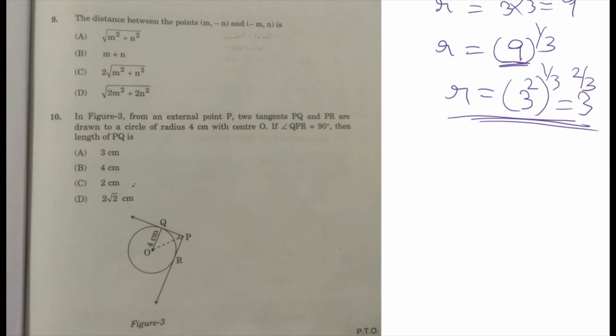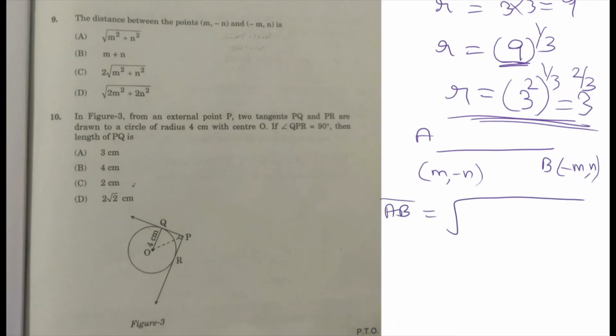The distance between the points m comma minus n and minus m comma n. Given points are A, let's say m comma minus n, and B is minus m comma n. Distance AB will be equal to square root of minus m minus m whole square, x2 minus x1, and y2 minus y1.